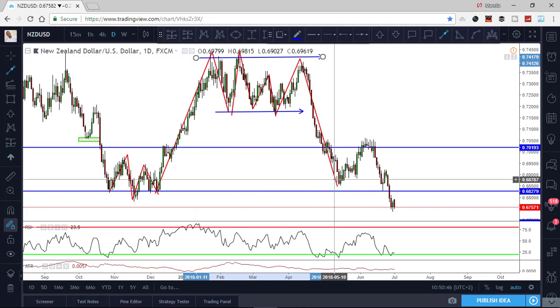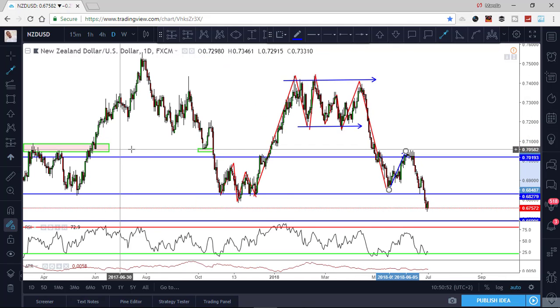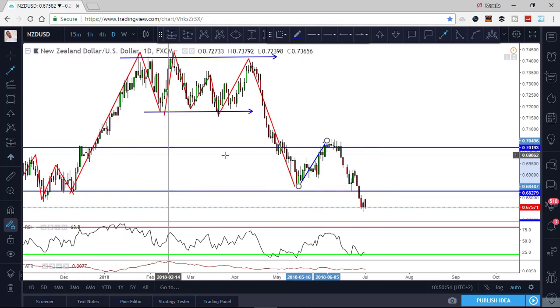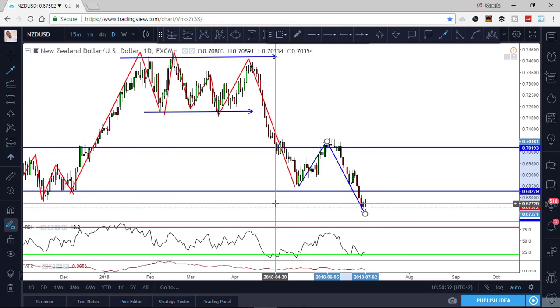After having a breakout, then we have a retracement back to structure right here. As you look back to the past, you would see structure, and then we have another extension, which gives me a sign that the market is willing to extend further and trend downwards, who knows where.